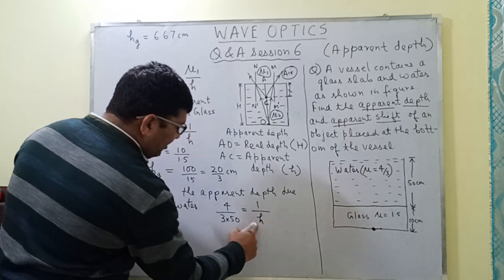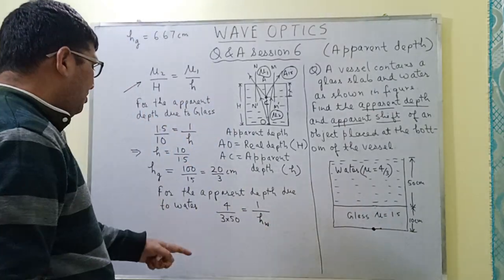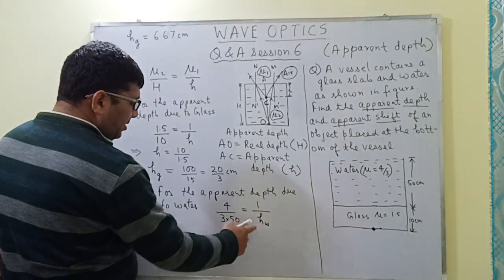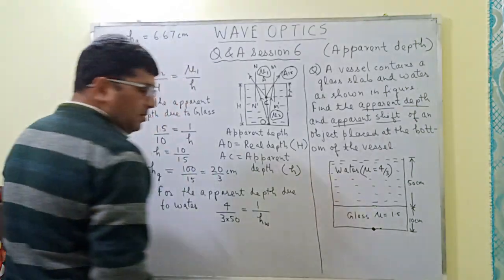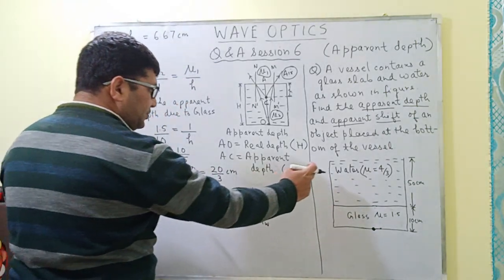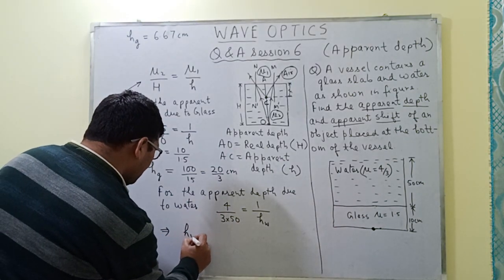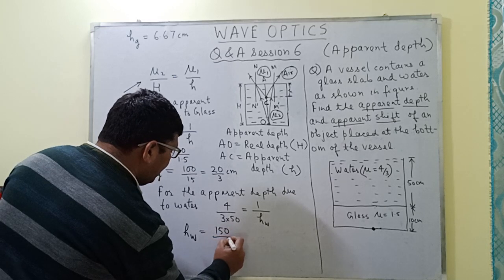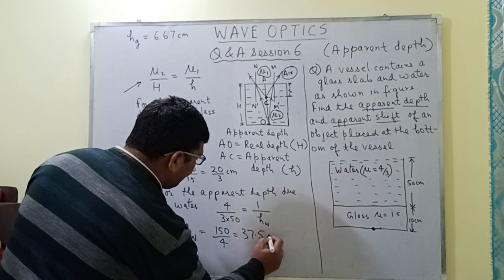And I am writing this h as Hw, because this is the apparent depth due to this water medium. So it implies that Hw will be equal to 150 divided by 4, which is equal to 37.5 centimeter.